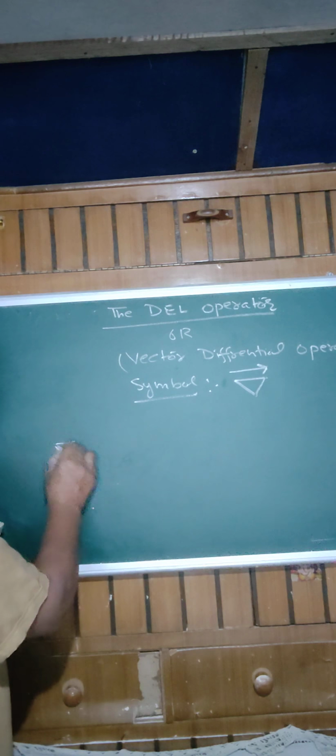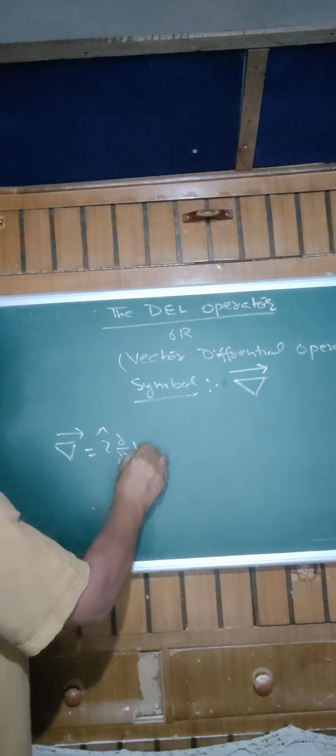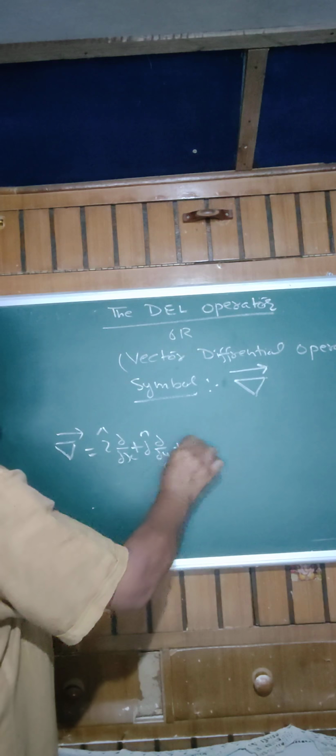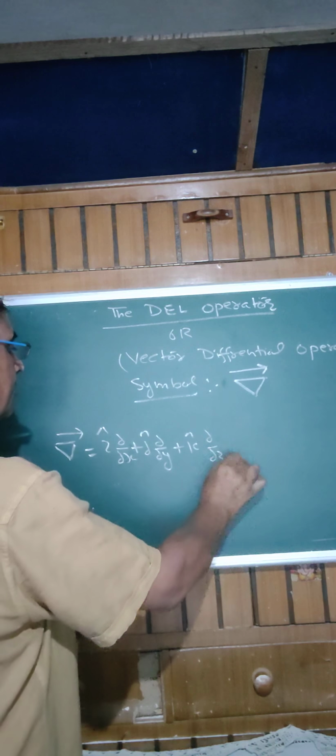And remember this is very, very important. You have to remember it, because we will be using this operator time and again. So del is equal to i cap del over del x plus j cap del over del y plus k cap del over del z. And this is called del operator.